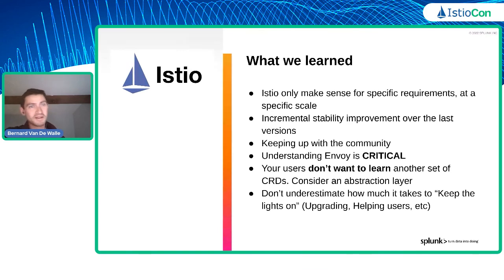So I'm going to close here with a couple of things that we learned over those couple of years operationalizing Istio. First of all is Istio makes complete sense for some requirements, but not for all use cases, right? And it only makes sense at a specific scale as well. I think, for example, if we didn't have that requirement for mutual TLS, we might not have ended up using Istio.